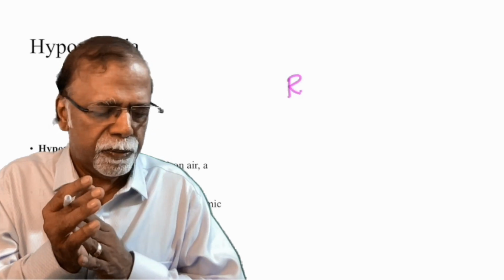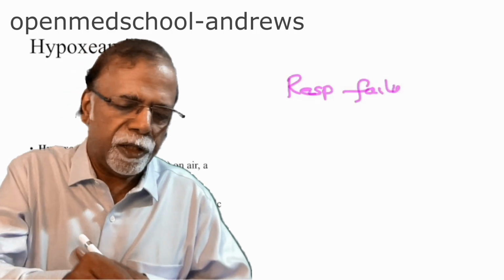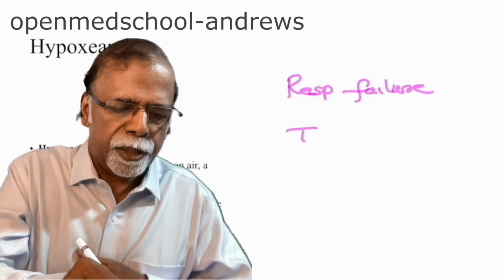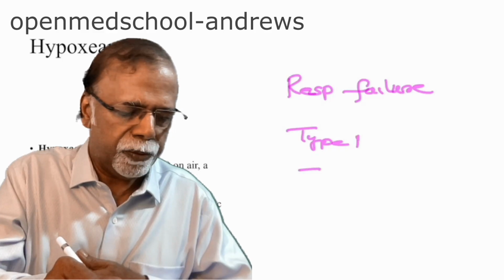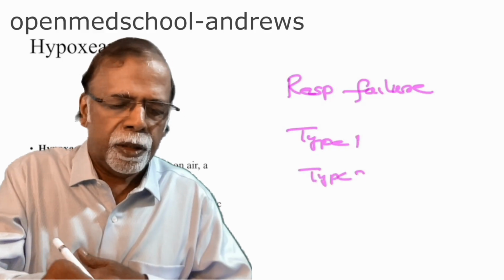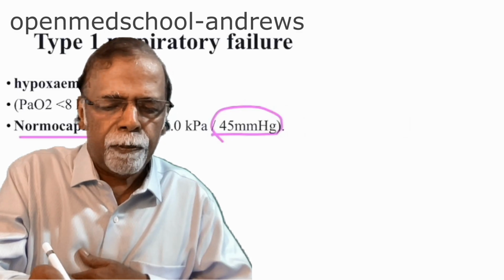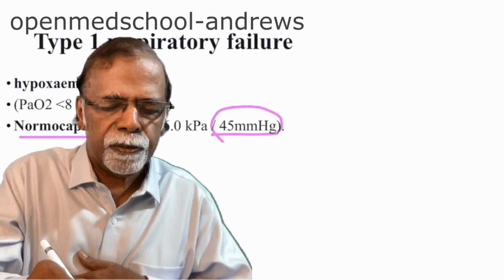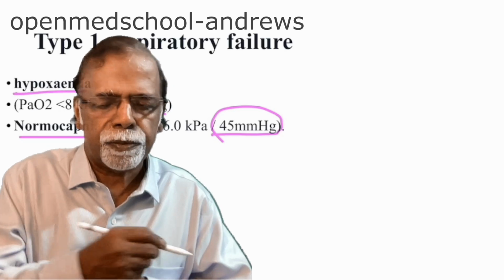We have already mentioned when there is hypoxemia, the patient has developed a respiratory failure. And respiratory failure you divide into type 1 and type 2. Type 1 is hypoxic, only hypoxemia, but the carbon dioxide is normal, that is less than 45.